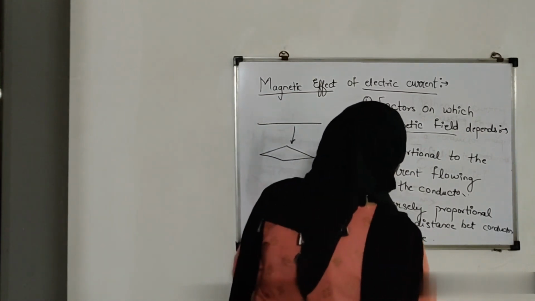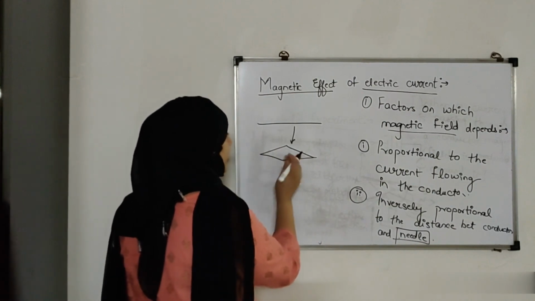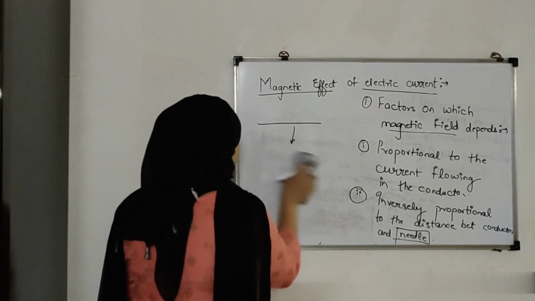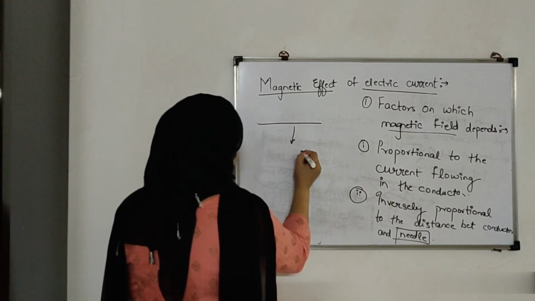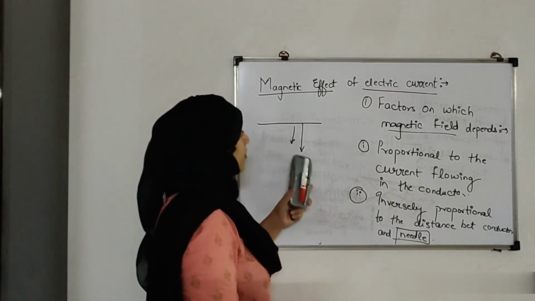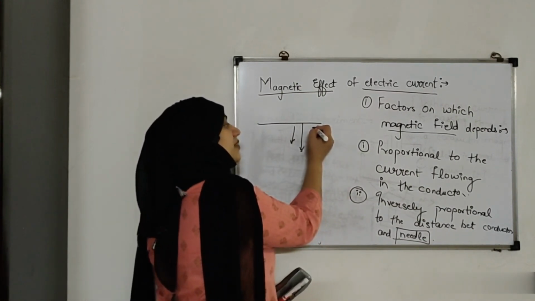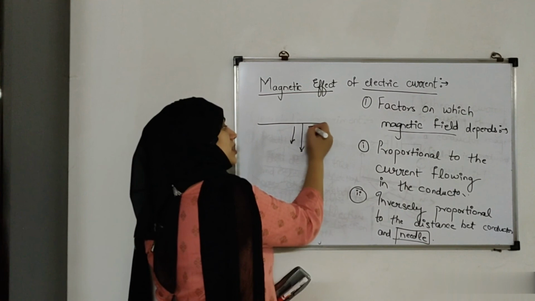Instead of a needle, we are supposed to consider a point. Suppose I have to find the magnetic field at this specific point. If it's far from the conductor, the magnetic field magnitude decreases. If it's near the conductor, the magnetic field magnitude is more.